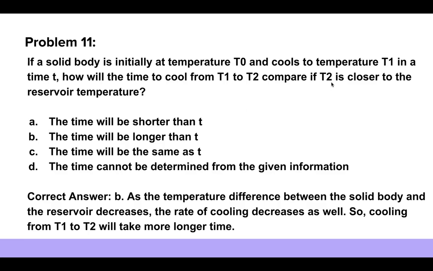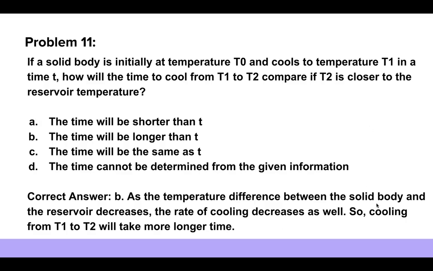If you remember, if T2 is closer to the reservoir temperature, that is, as we get closer to the reservoir temperature, the curve is almost flat. Flat means the rate of change of temperature is very small. When the rate of change of temperature is very small, the time taken for cooling is larger. That is, more time is taken for the temperature drop. That is what you mean by the rate of change in temperature being low.